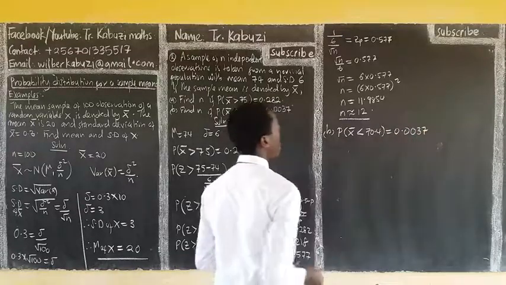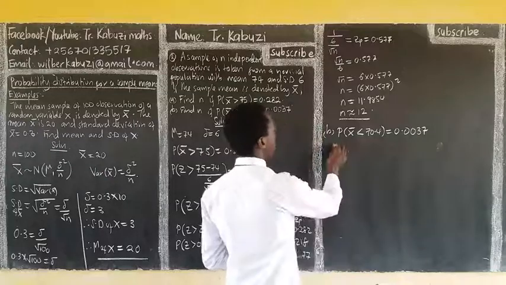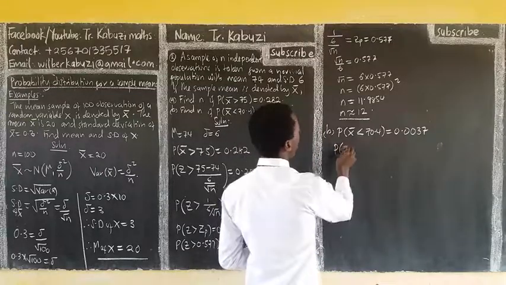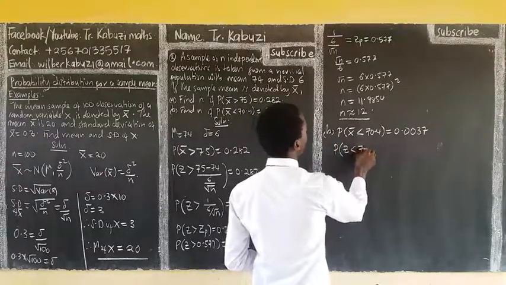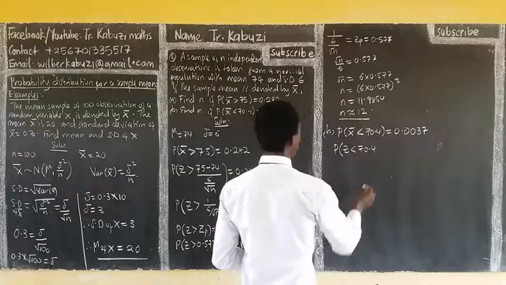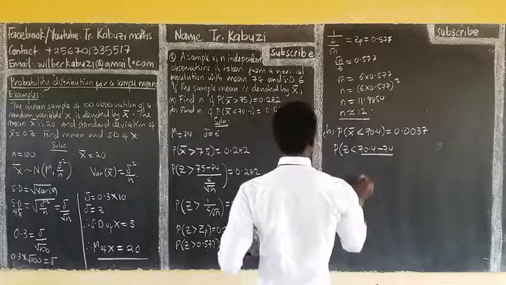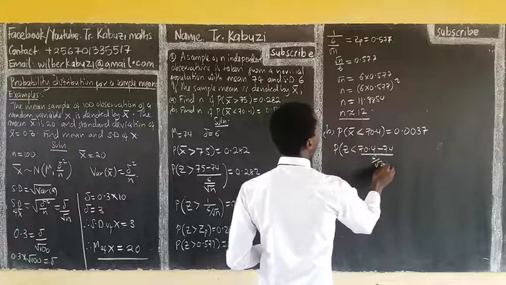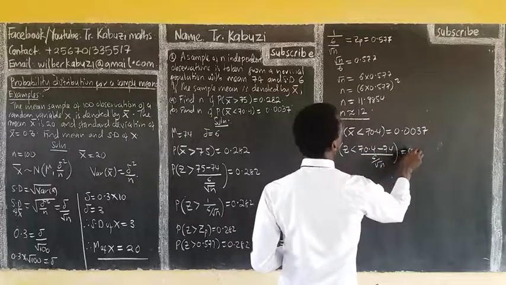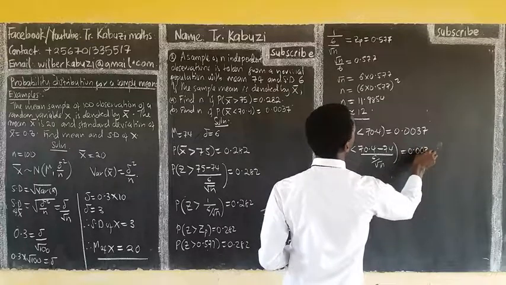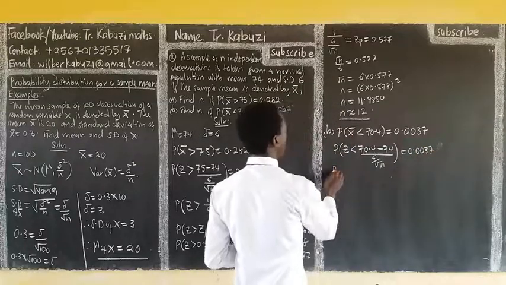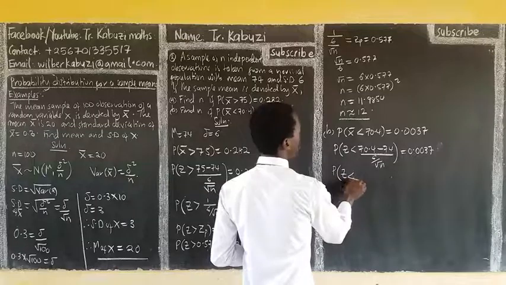With the probability equal to 0.0037, I think we can take on that. I'm going to standardize this. We have the probability of Z less than (x bar minus our mean, 70) over 6 over root n, equal to 0.0037.